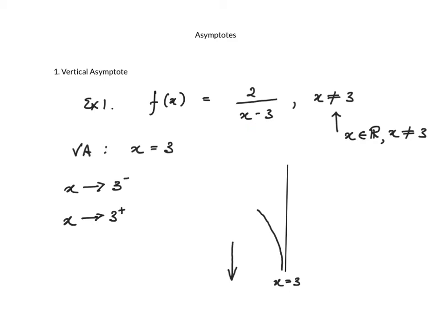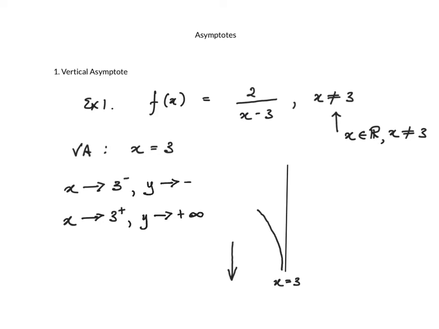But it's going to be large because we've got 2 divided by a very small number. So what I could say is that y tends to positive infinity. And I should really have put in here, for the left side, y tends to negative infinity.